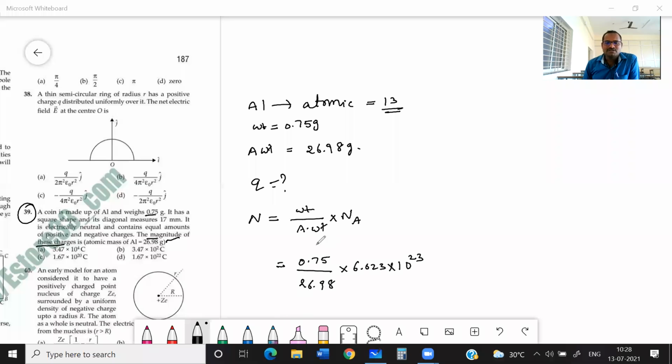Clear? Yes. So if we calculate all these things, you will get the number of atoms in that 0.75 grams of aluminum, around 1.67 into 10 to the power of 22. These many atoms are present. Clear, students?